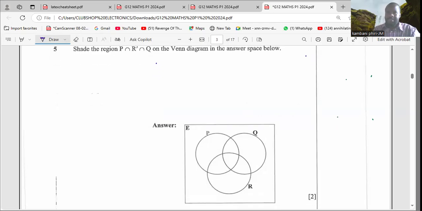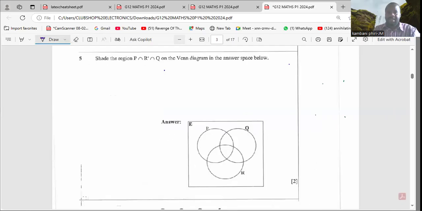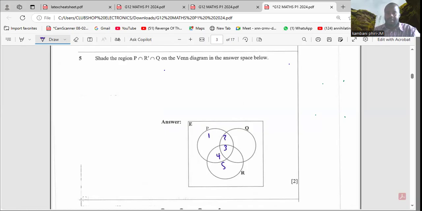So the best that you can do, there are a lot of methods, but I think this could be one of the best or one of the commonly used methods. You can label 1, 2, 3, 4, 5, 6, 7, and this is 8. So what you can do is find the R complement.